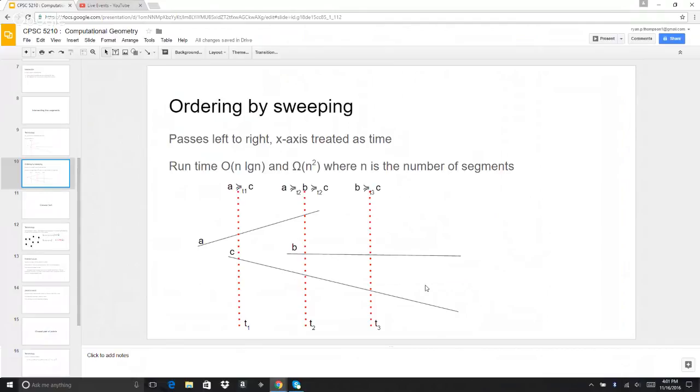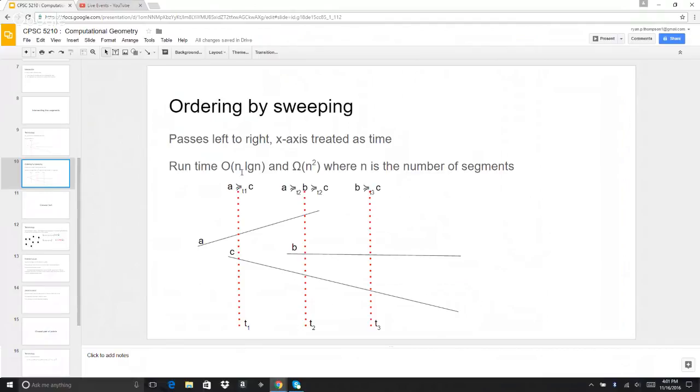So I feel it's more useful to look at the graphical example here to relate how time is factored into this algorithm. The x-axis is treated as time. Actually, it doesn't really depend on time, it depends on the number of line segments that you have.